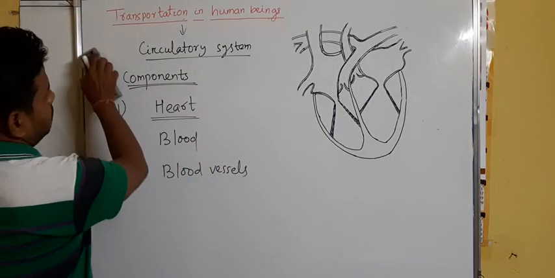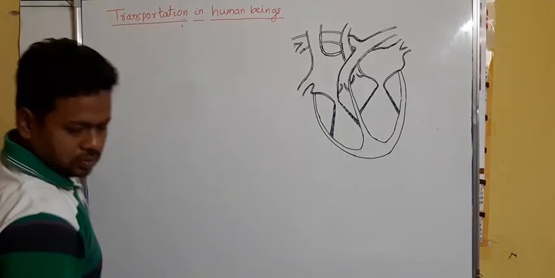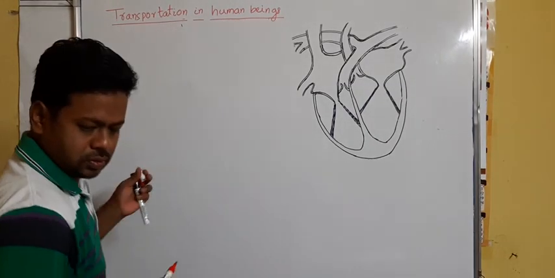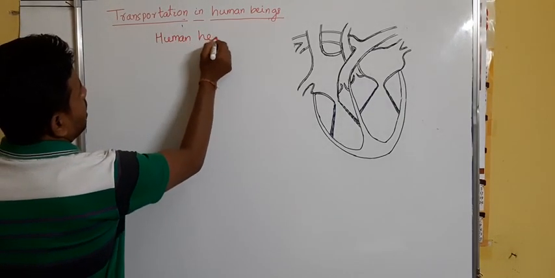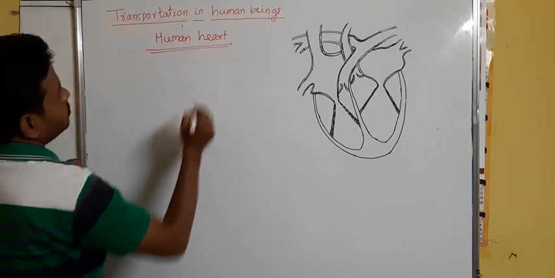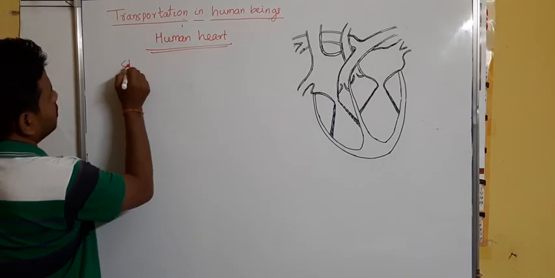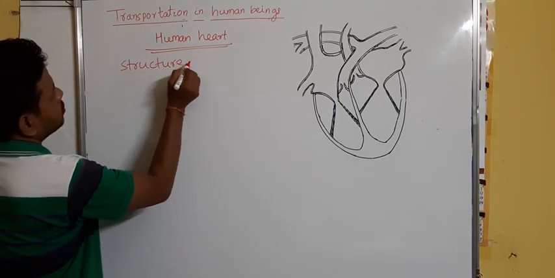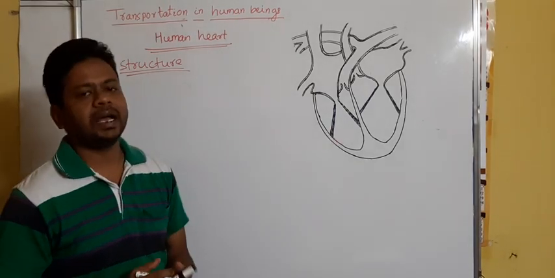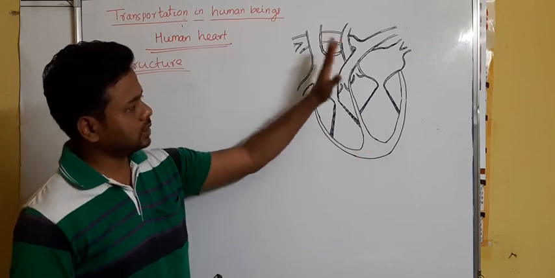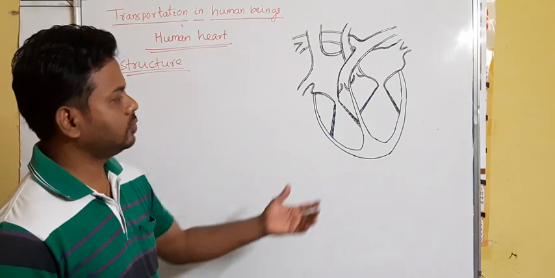So we will read now about the human heart. First of all, we will read about its structure. As you can see here, I have already drawn a diagram of the human heart before. You can also refer to your textbook for the diagram.